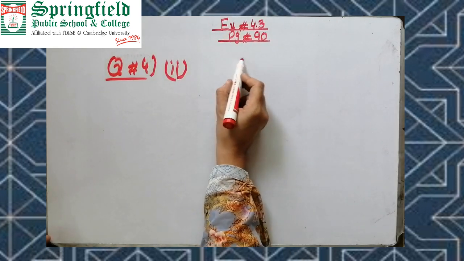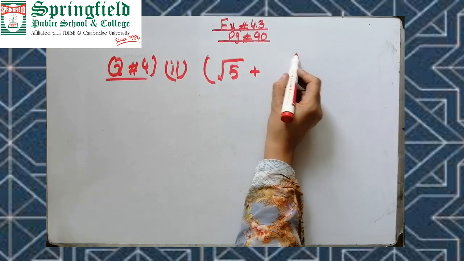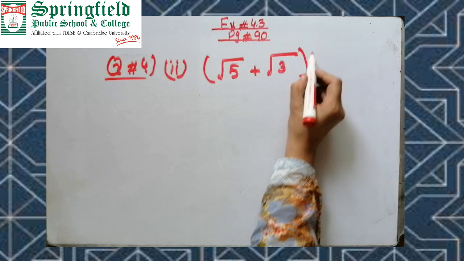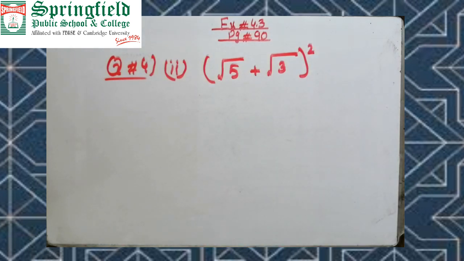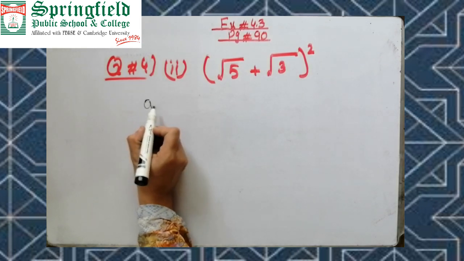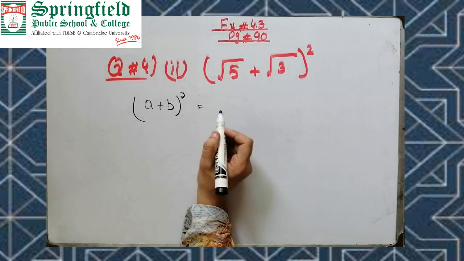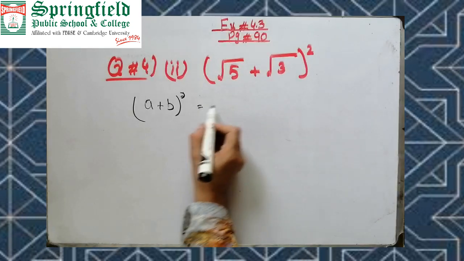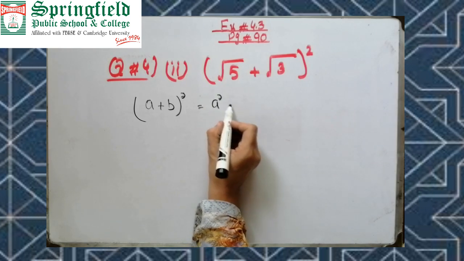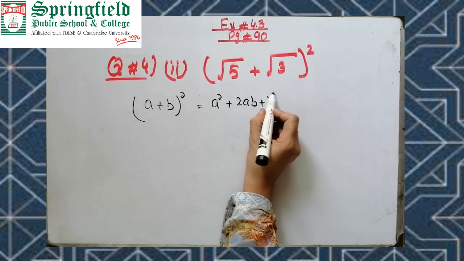The second part is bracket under root 5 plus under root 3 whole square. How can we solve this question now? Okay beta, do you remember the formula: a plus b whole square is equal to a square plus 2ab plus b square.